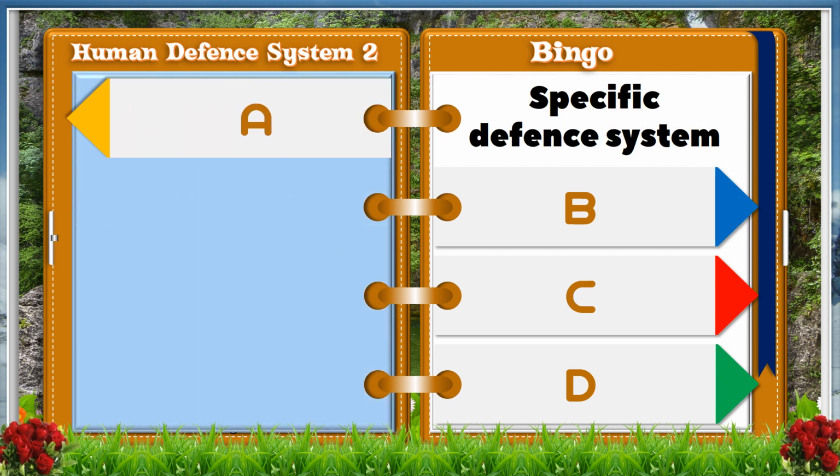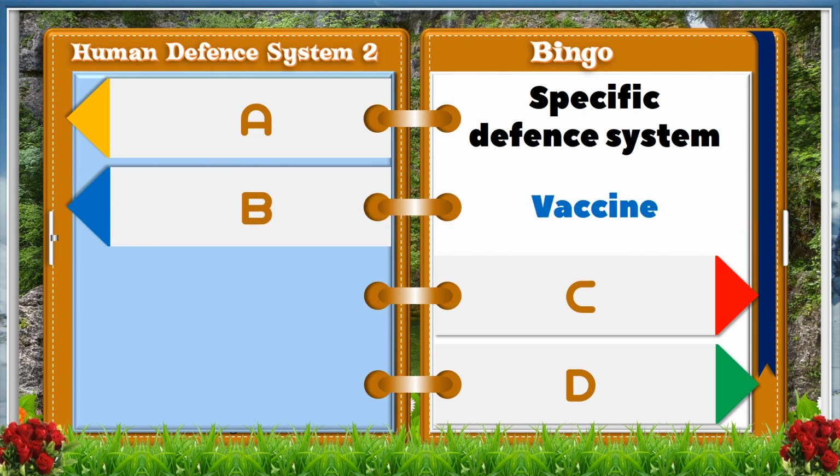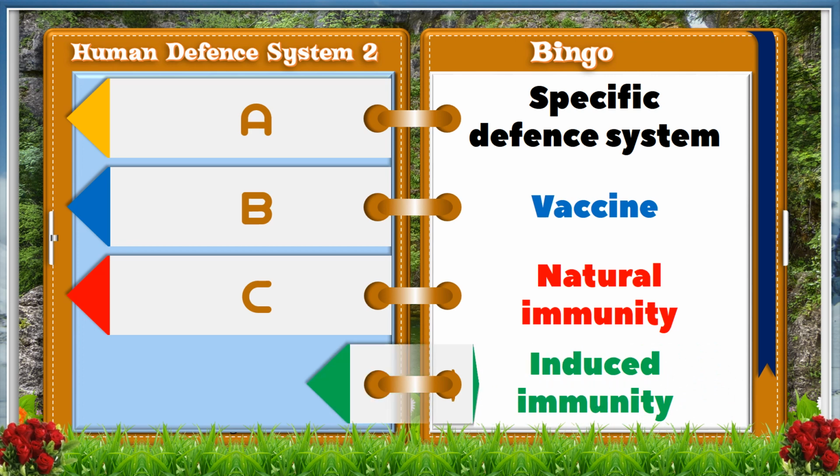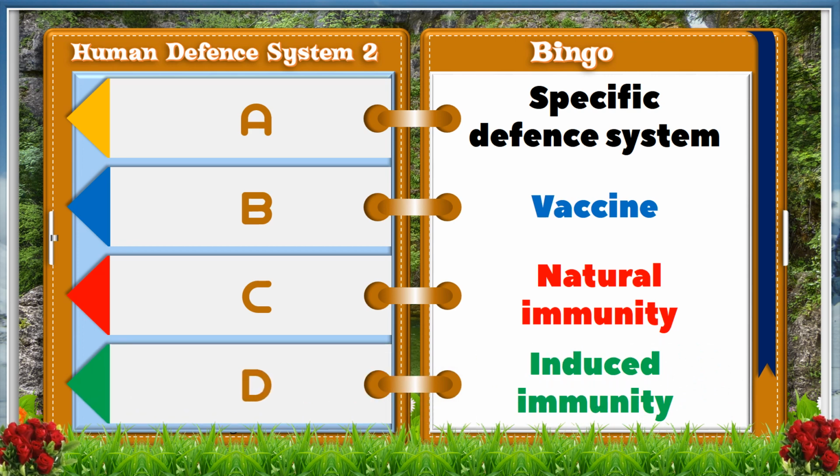A. Specific defense system. B. Vaccine. C. Natural immunity. D. Induced immunity. And the answer is B, vaccine.